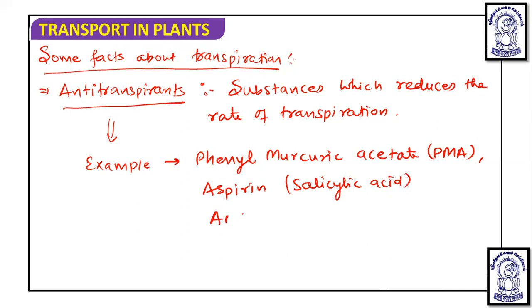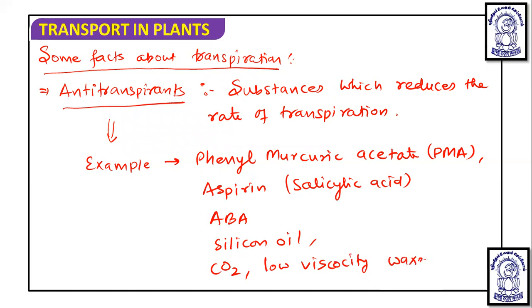Then ABA, that is abscisic acid, a plant hormone. Then silicon oil, CO2, low viscosity oils, and waxes. Okay, so those are the anti-transpirants, which are going to reduce the transpiration.